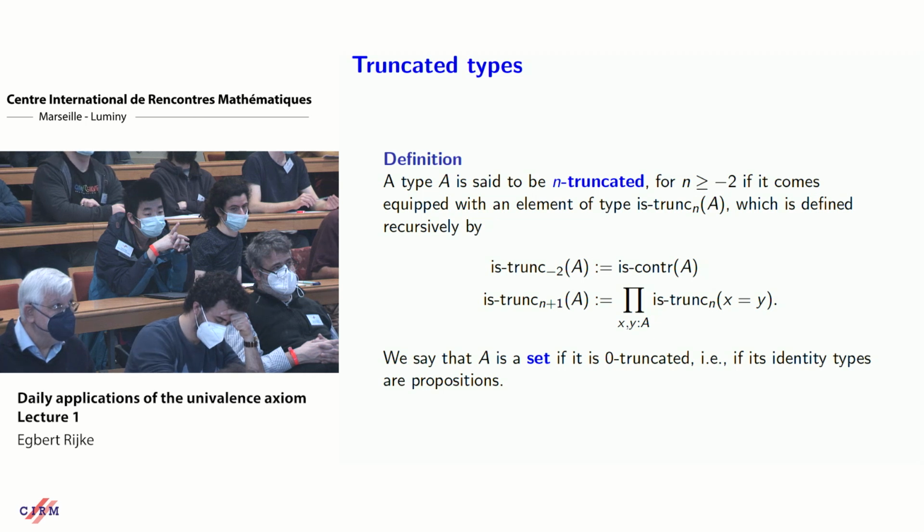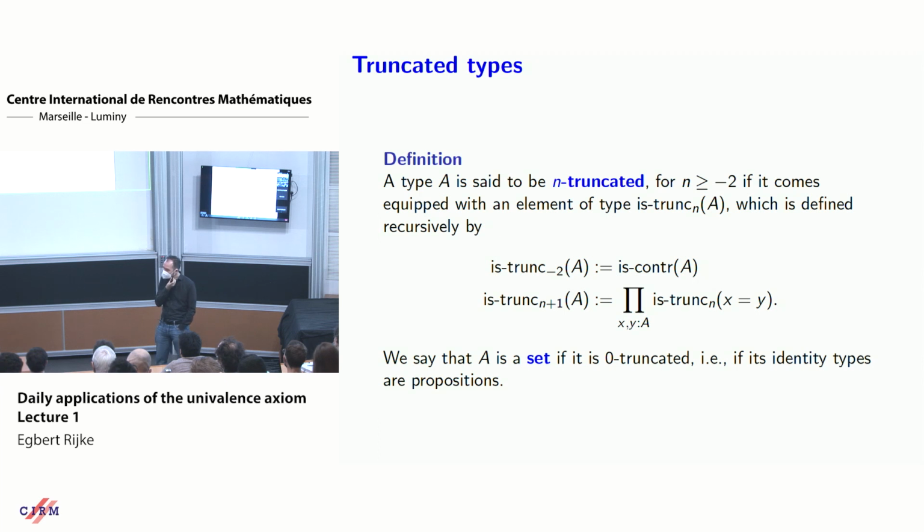There are definitely types that are not truncated for any n, such as the 2-sphere, which has infinitely many non-trivial homotopy groups, so it won't be truncated for any n. So those types are perhaps the most common, but at least this gives us some kind of hierarchy.